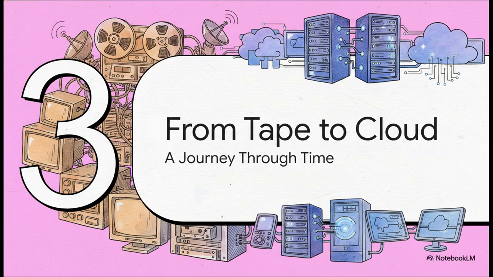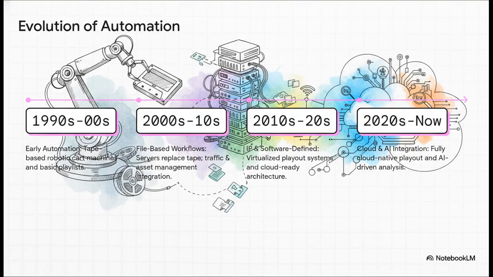But this whole sophisticated system didn't just pop up overnight. Oh no. Its evolution, especially over the past 30 years or so, tells a really fascinating story of how we went from clunky physical machines to pure digital. You can really see the journey here, right? It started back in the 90s with actual robotic arms moving giant tapes around. Can you imagine?